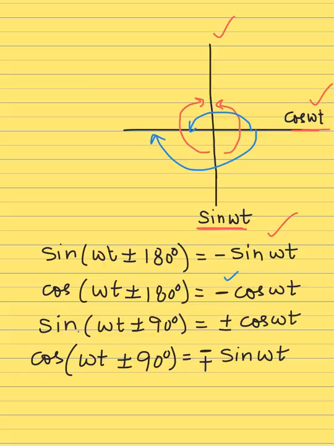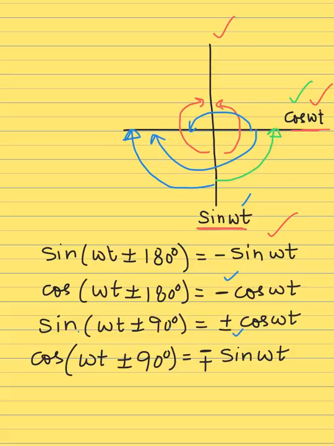If it's sine omega t plus 90 degrees, so sine omega t is here, and you're adding plus 90 degrees. Plus 90 degrees is only a quarter turn, so you're going to lead to cos omega t. Similarly, if you're subtracting 90 degrees, there you are, and you are at negative cos omega t.